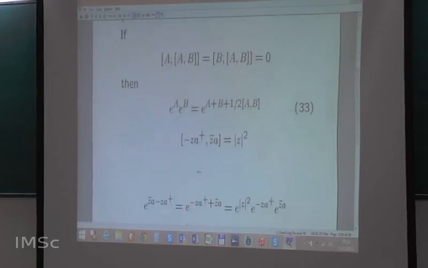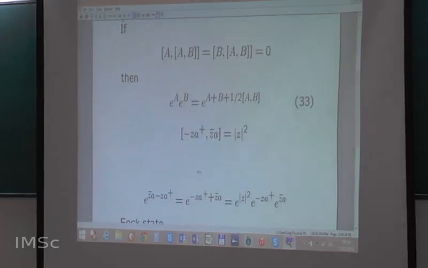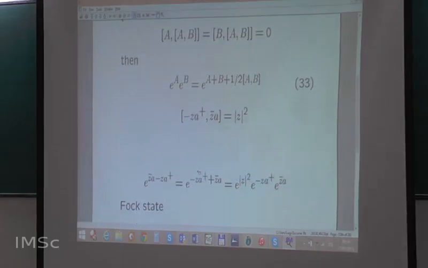Now, we want to use the Weyl relations, but not for P and Q. We will use them for A and A dagger. So, we use a very well-known result in quantum mechanics: if I have two operators that commute with the commutator, so A commutes with the commutator of A and B, and B commutes with the commutator of A and B, then the product of the exponentials is expressed in terms of the exponential of the sum.